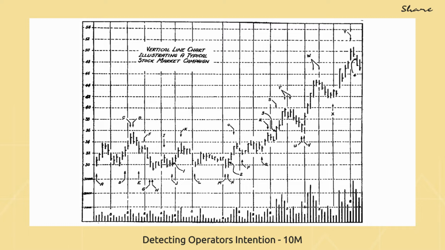Now, if volume increases as the stock recovers, you will have a final confirmation of the soundness of your bullish position. You are now long 100 shares at 31 by 2 with stop at 27 7 by 8, and 100 shares at 30 which stops at 27 7 by 8.